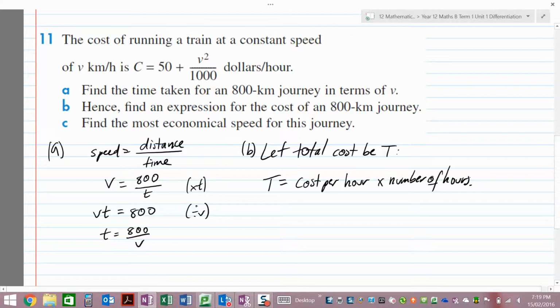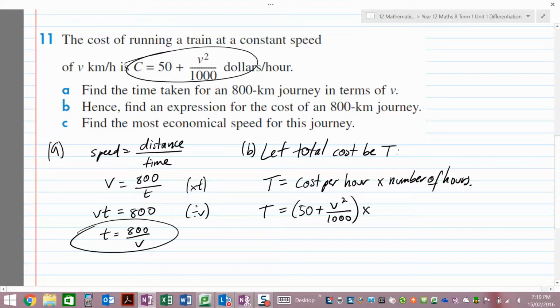Okay, so if my cost per hour is $2 per hour, and it takes 5 hours, then the whole trip will cost $10. So let's substitute those values in. My cost per hour is this function, 50 plus v squared on 1,000. And I need to multiply this by the number of hours, which is the time taken for that 800 kilometer journey. Okay, so times 800 over v.